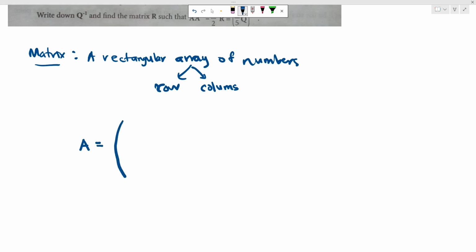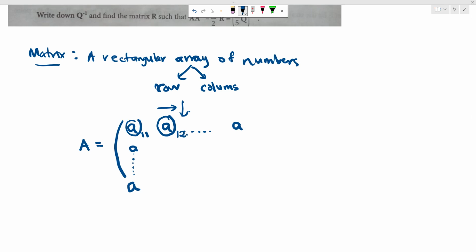We will denote them as a, and so on, along the row and down the column. Now this element is in the first row, first column, so I will denote it as a11. Then this entry is in the first row and second column, so I will denote it as a12.